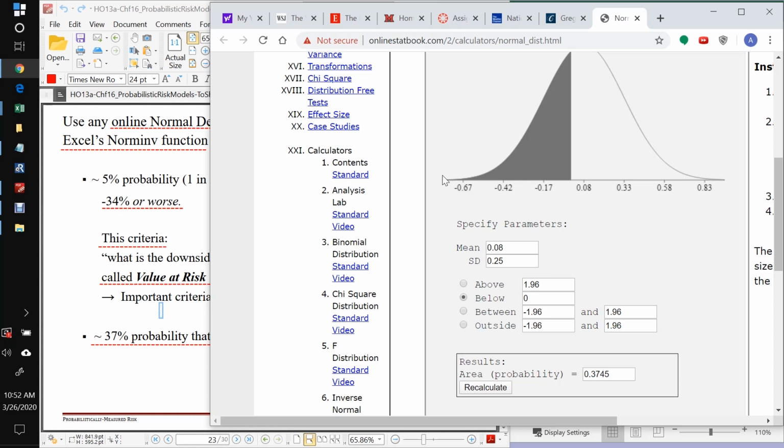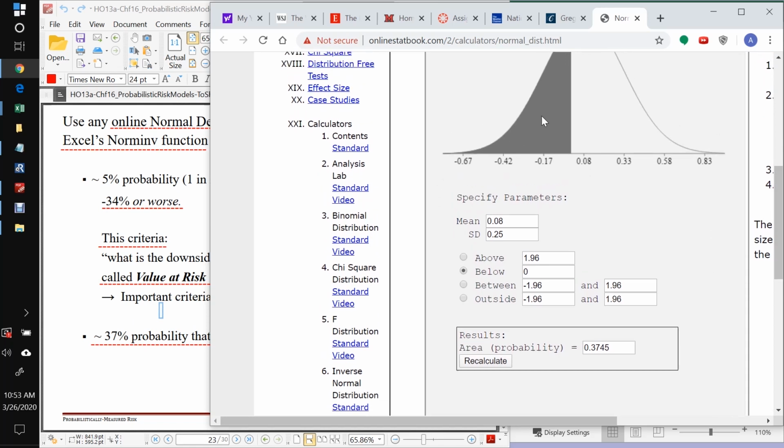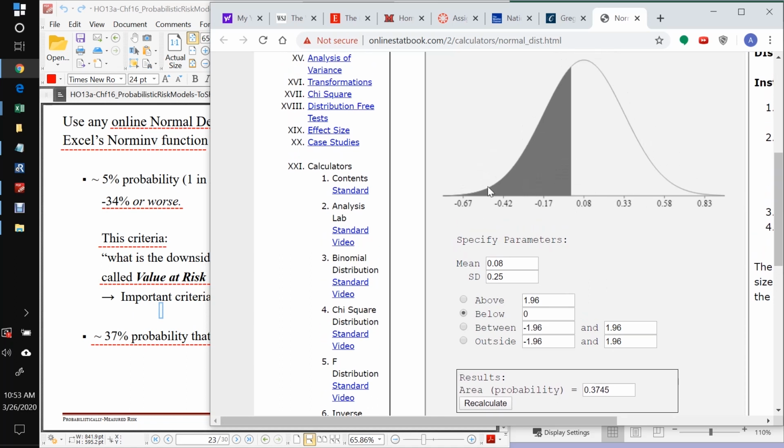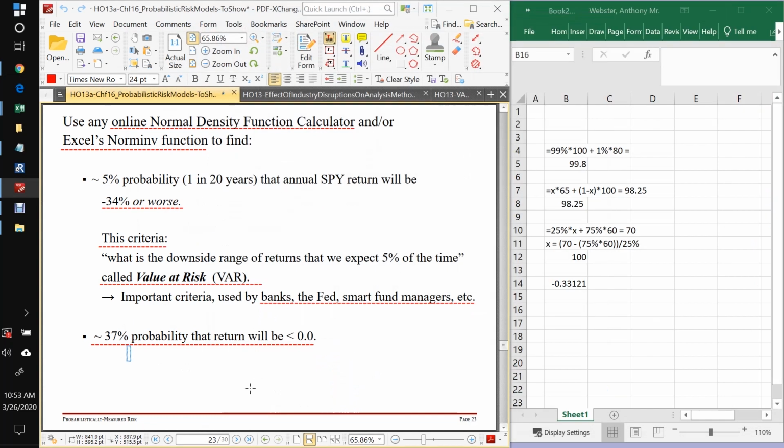So it's actually not so bad to use a normal distribution to model these returns. In any event, for a return of 0 or less, the area under the curve is 37% of the whole curve. That means a 37% probability we get a return of 0 or less. Could be minus 67%. Okay, so let's keep moving.